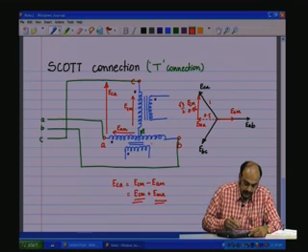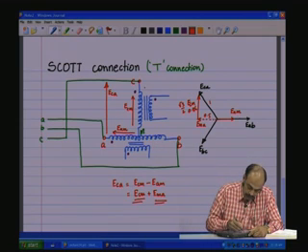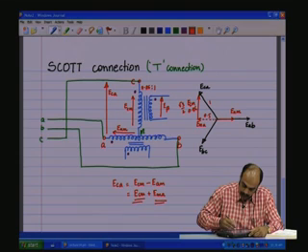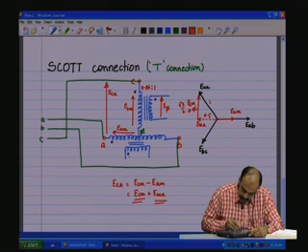So, if we have, let us say, a ratio of 0.86 is to 1, then this will get amplified and you will get here, let us say, E beta and here you will get E alpha.